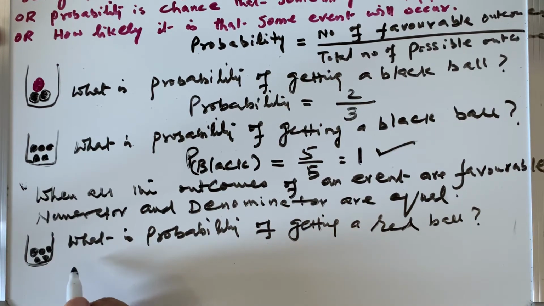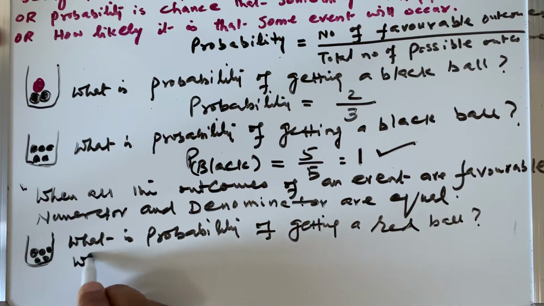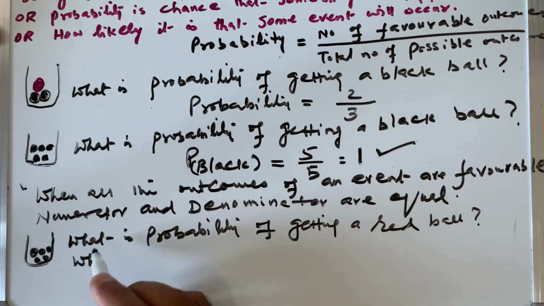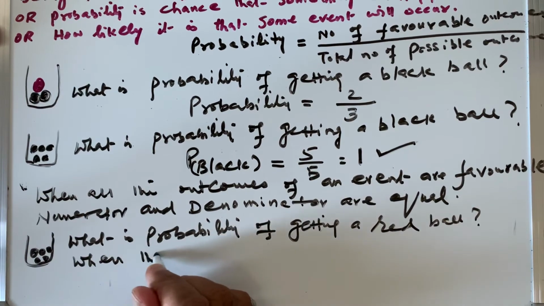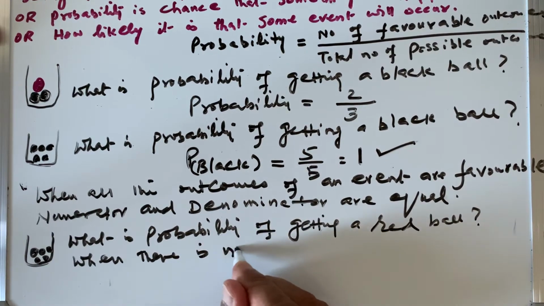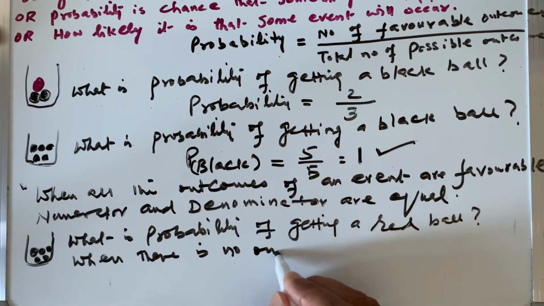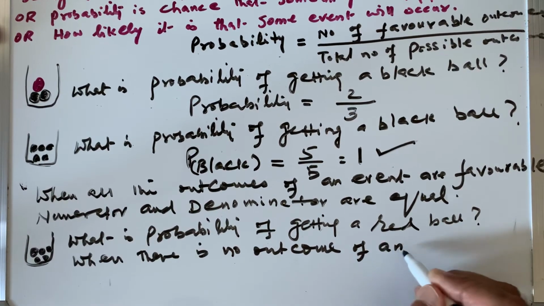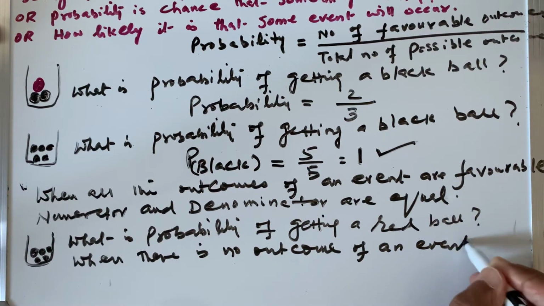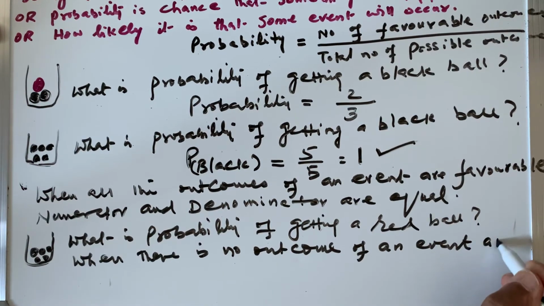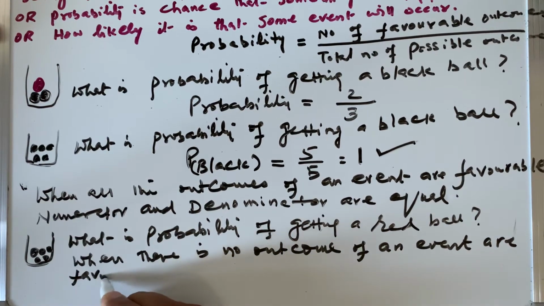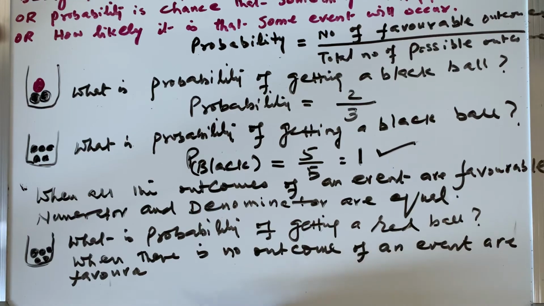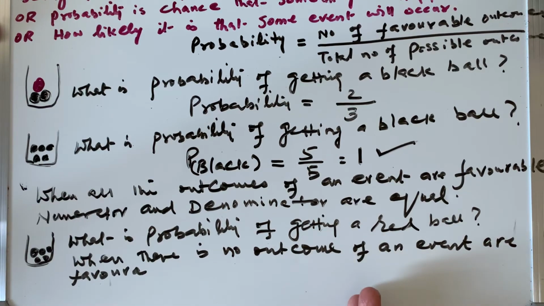So we will write: when no outcome of an event is favorable, what is our numerator? The numerator is 0, the number of favorable outcomes, because there is no outcome that is favorable.